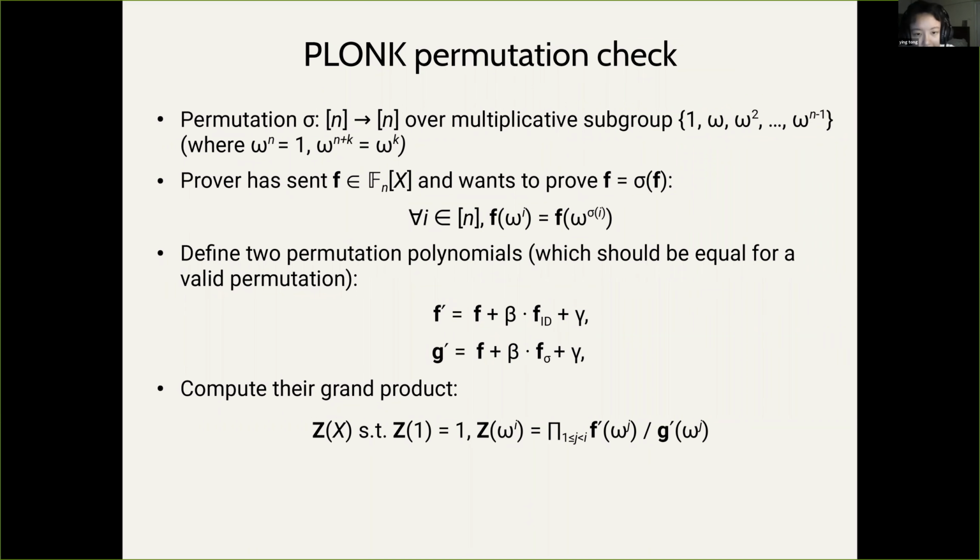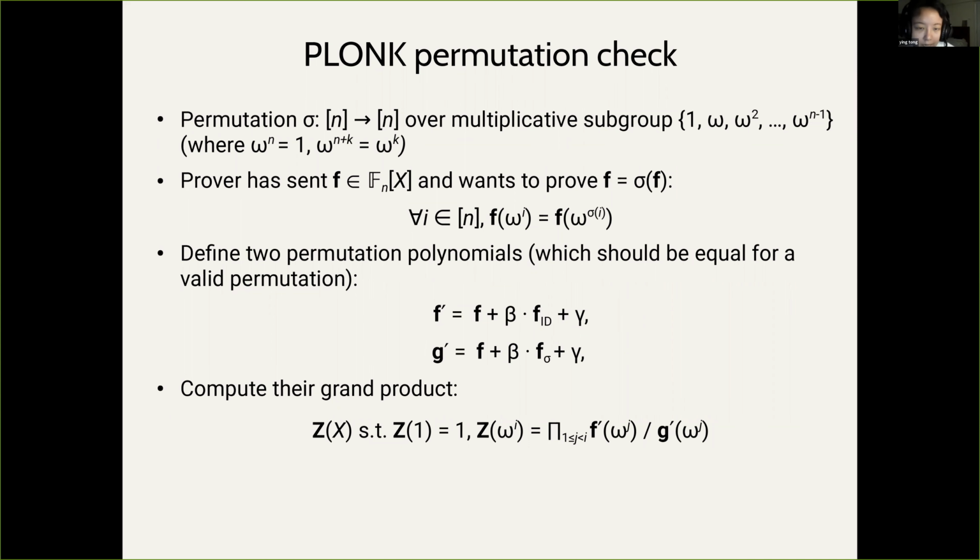And you can see we've added in some random betas and gammas, basically so that the prover can't cleverly fake these values while still having them be equal.